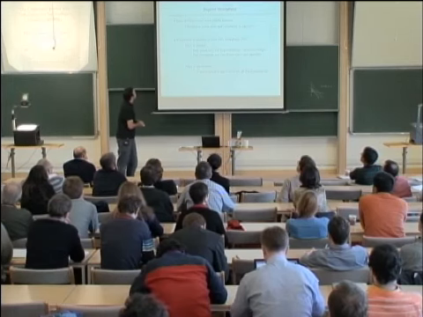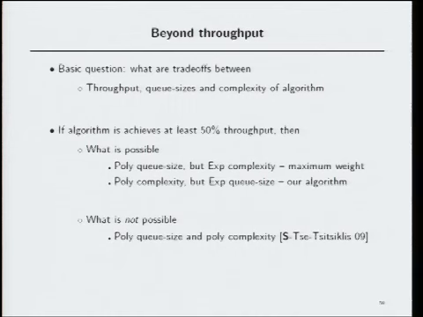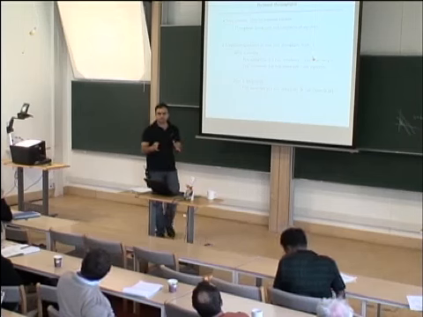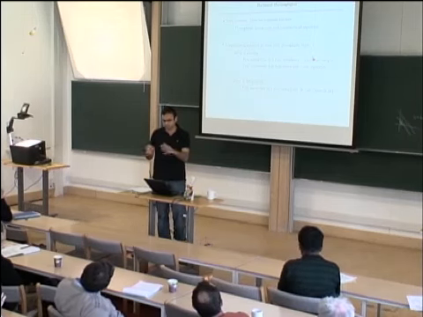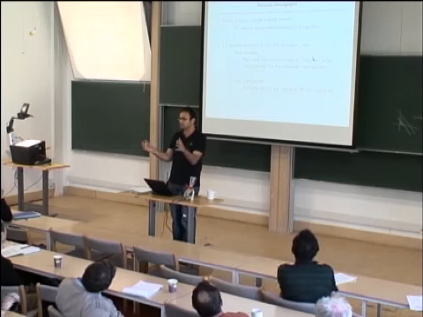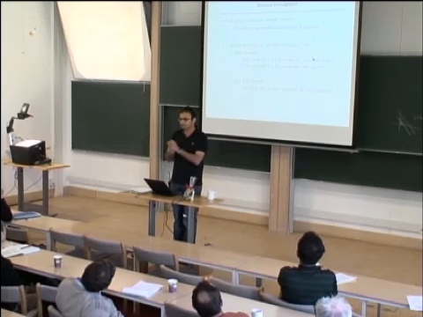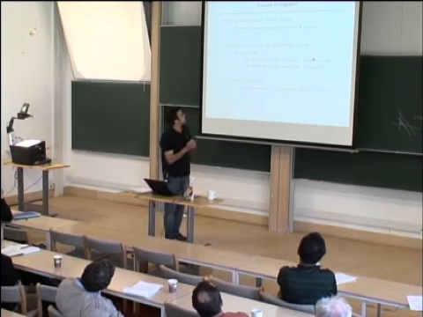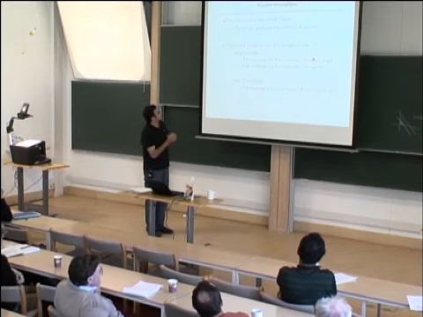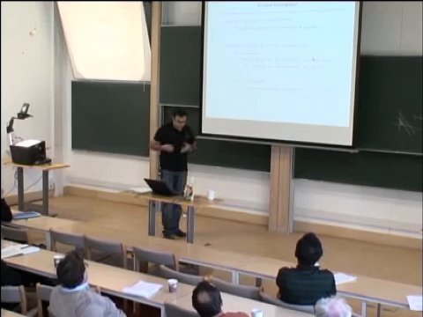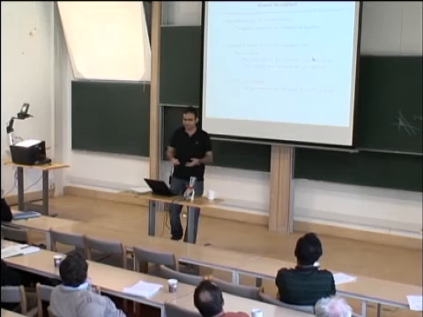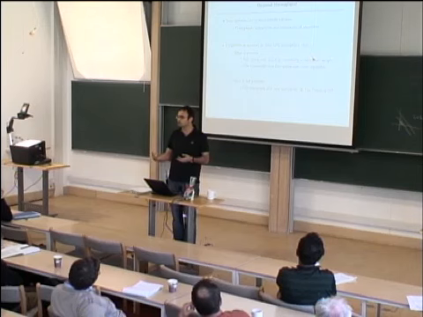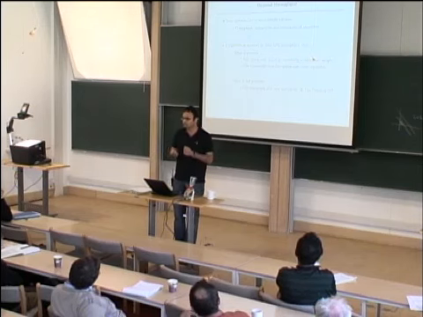Here's a question that we ask. Let's say I want an algorithm that achieves at least 50% of throughput, a constant fraction of capacity, and I want good queue size scaling, and good implementation cost. The question is, is it possible?